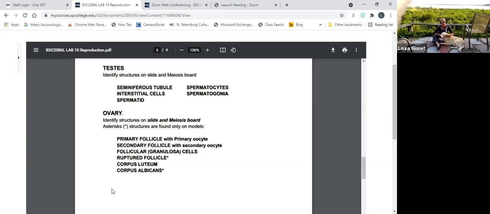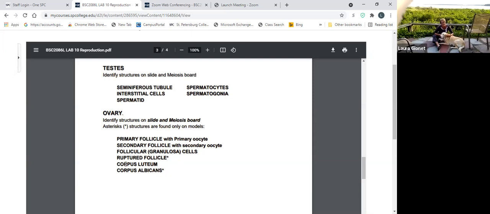So you're to identify a primary follicle with its primary oocyte, a secondary follicle with a secondary oocyte, follicular or granulosa cells that are found in those follicles as well. What we call a ruptured follicle: upon ovulation, we have this follicle that's rupturing. It's a nice mature one where you can see the oocyte being liberated.